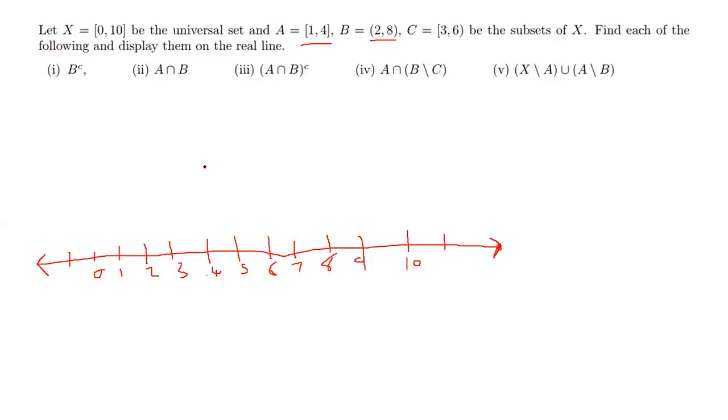So we can start finding the second part here. We're saying A intersection B. How do you identify the common elements between A and B? It is simple.